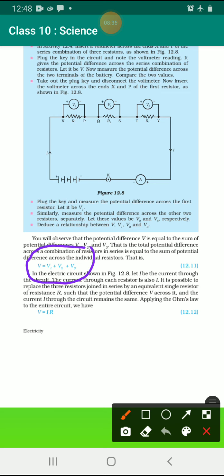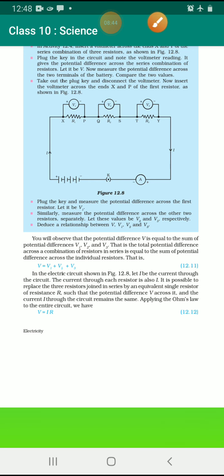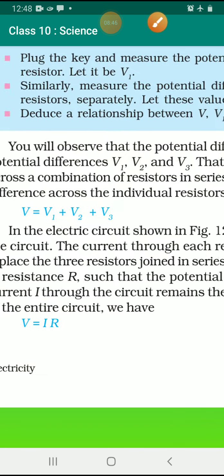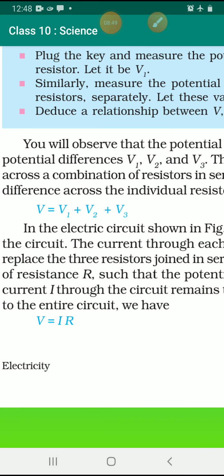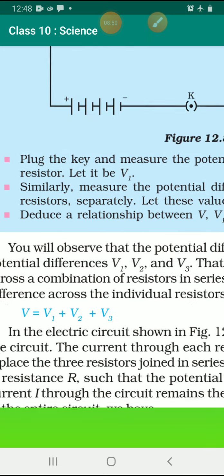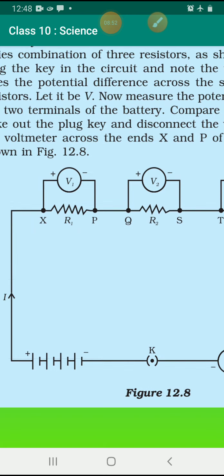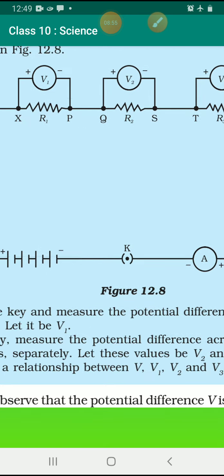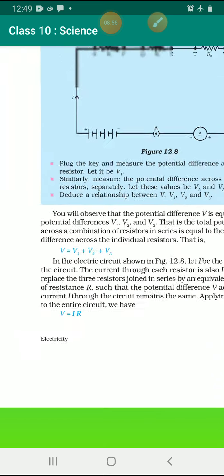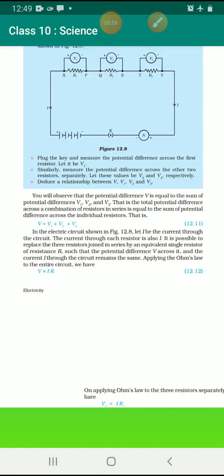We can write V is equal to V1 plus V2 plus V3, where this is V1, V2 and this is V3. So it is the sum of all the potential differences.